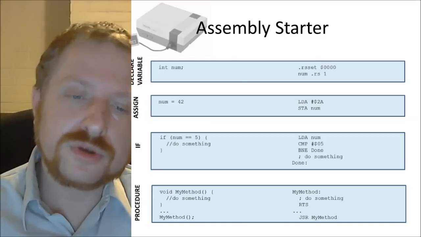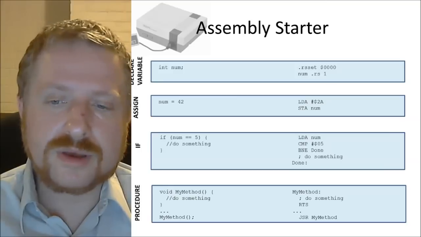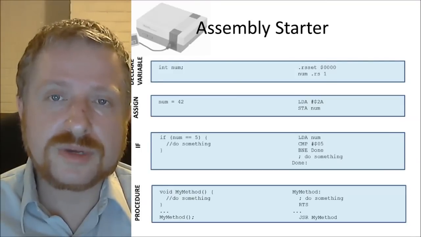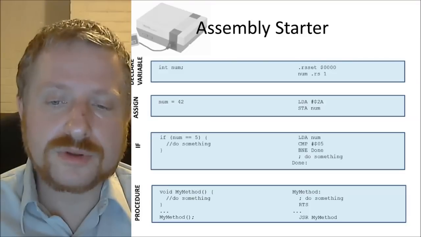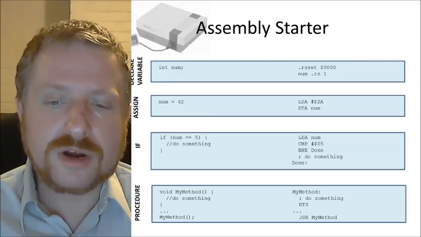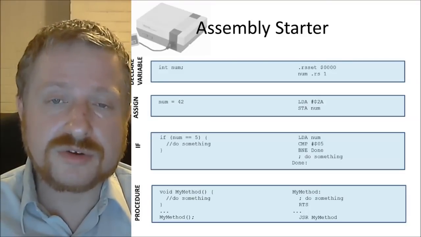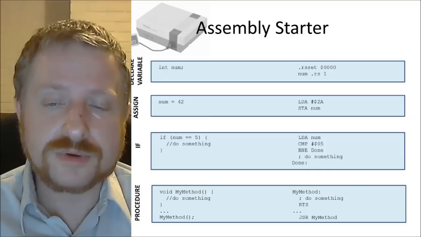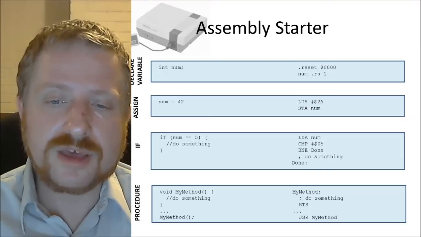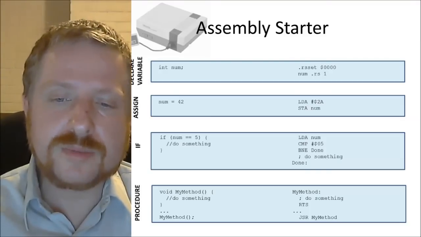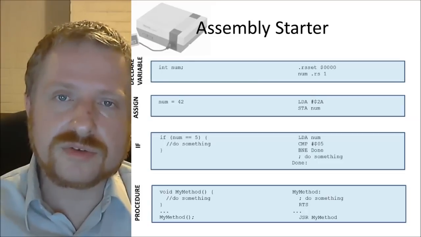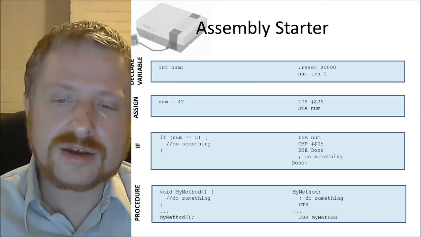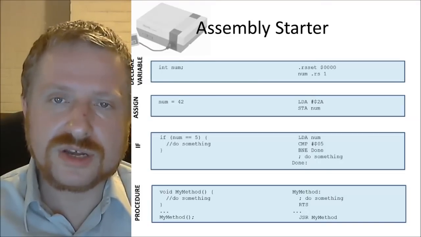Then we do whatever we're going to do in that method, and end it with an RTS, which means return from subroutine. Later down in the program, we do a JSR, which stands for jump subroutine, and we jump into that method. Once it hits RTS, it resumes control back at the next statement after the JSR.